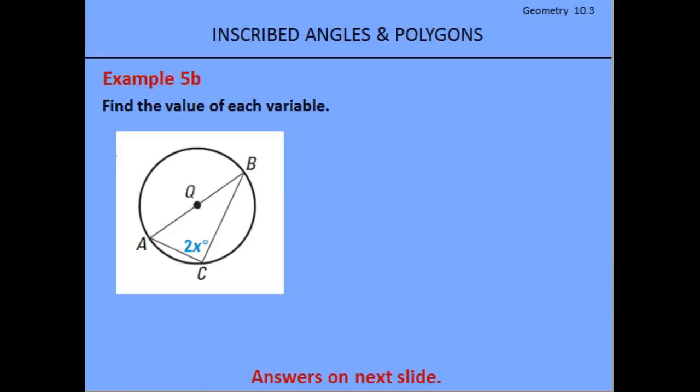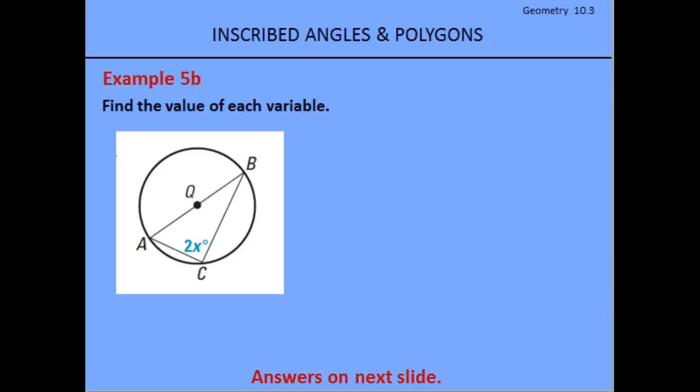So what are we going to do with that? Another example. Find the value of each variable. Given what we know about the theorem we just looked at about the hypotenuse, and remembering about right triangles, solve this problem. Pause now.